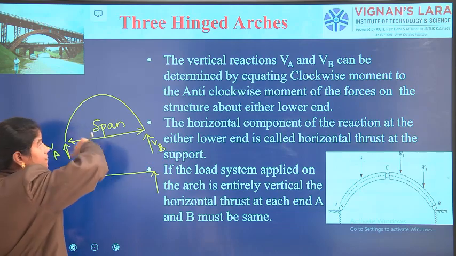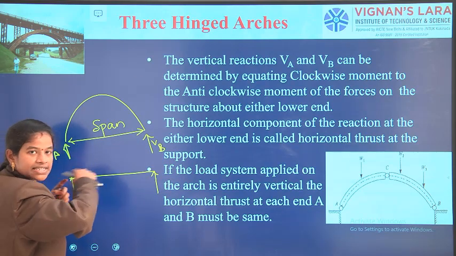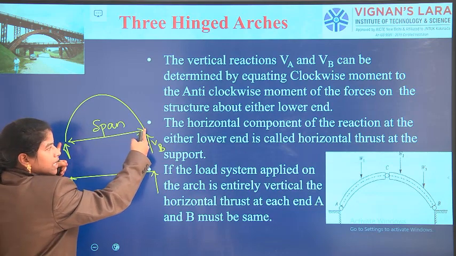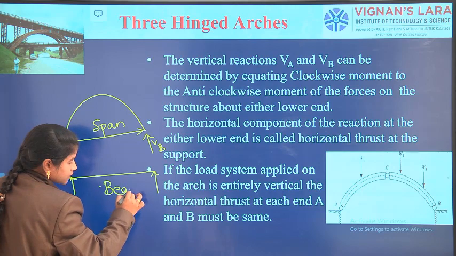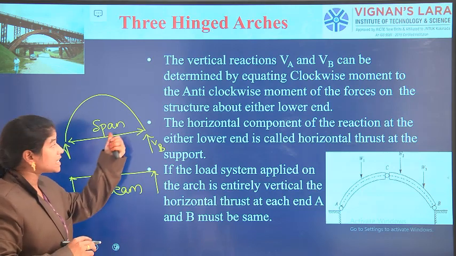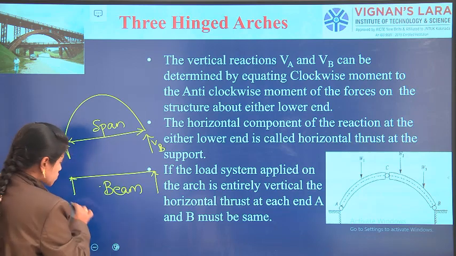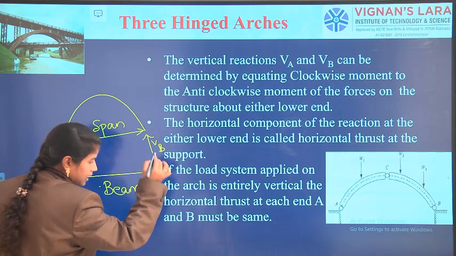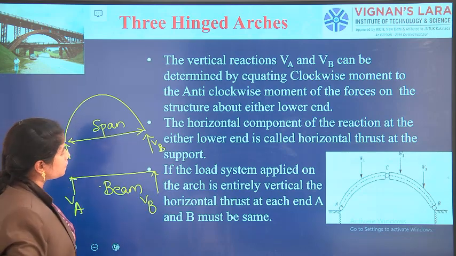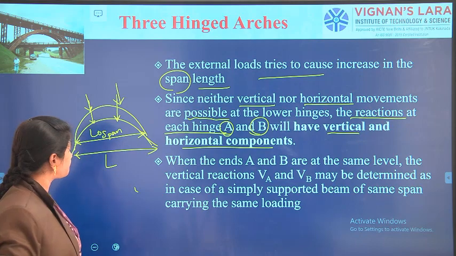This span is different from the complete length of the arch. The dimension of this span we take for the beam. So a beam with the same span as the arch will be taken, and solving this beam we will get VA and VB.